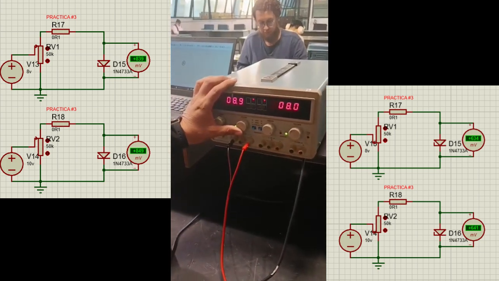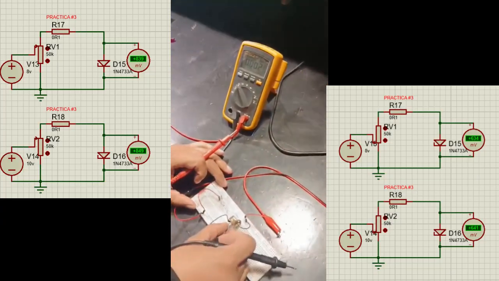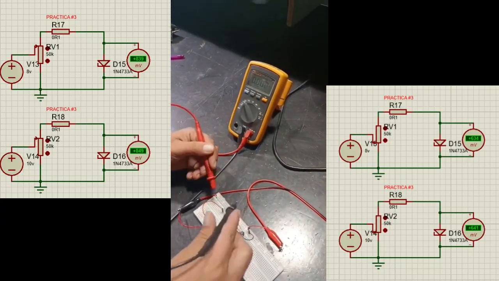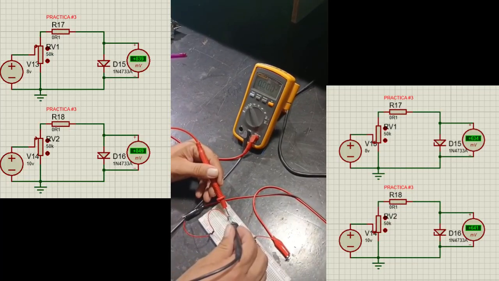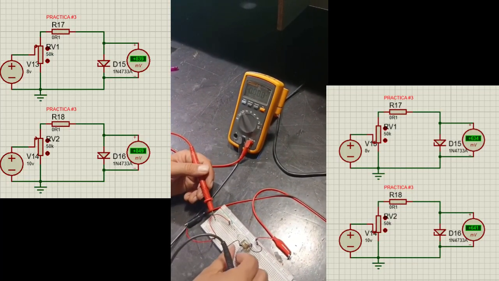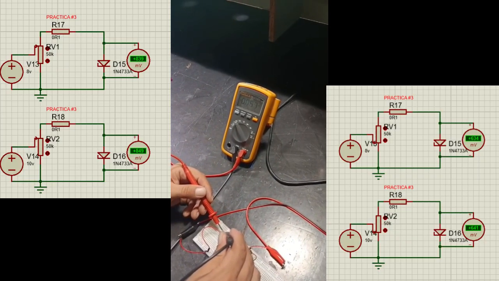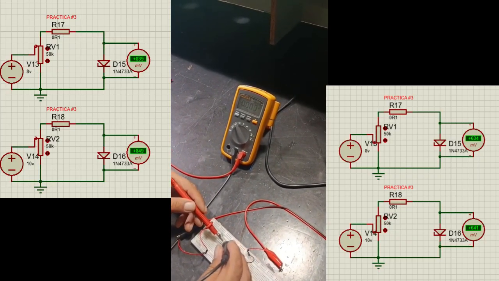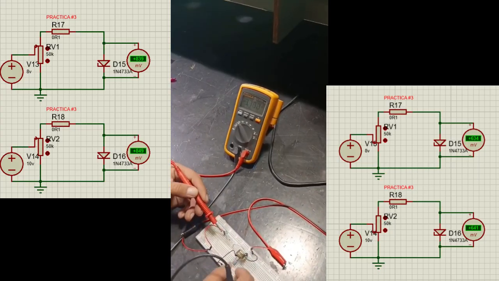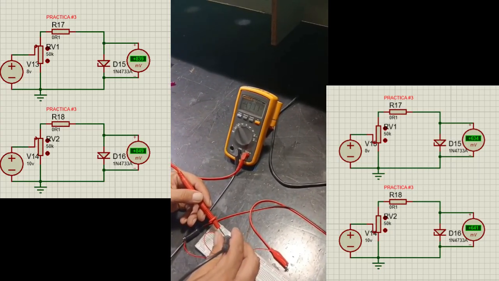Now we change to 10 volts. We adjust the potentiometer again and measure the center diode. Then we open it, and these are all the measurements required in the practice.